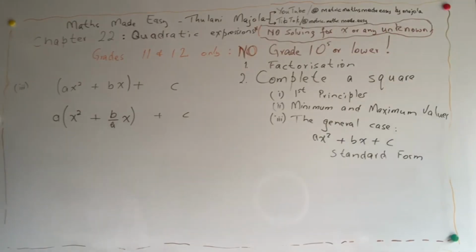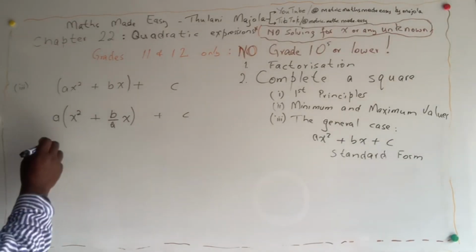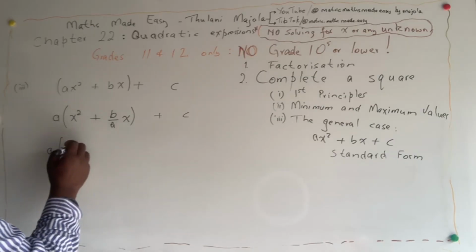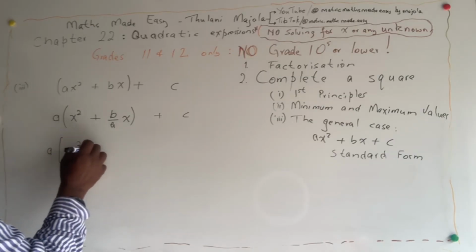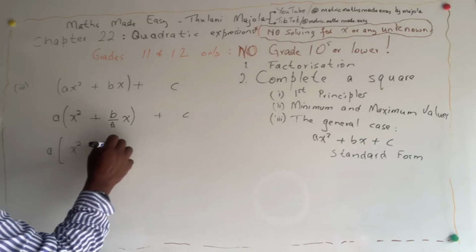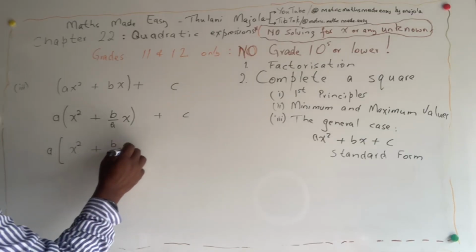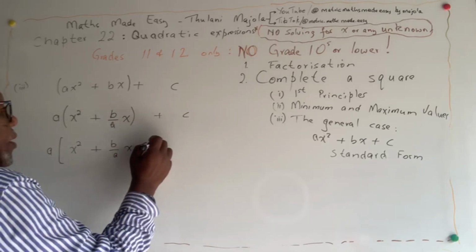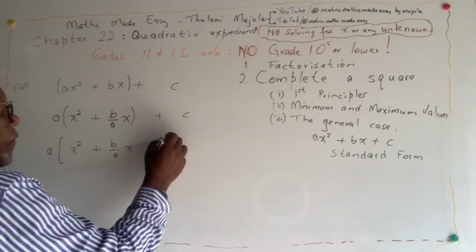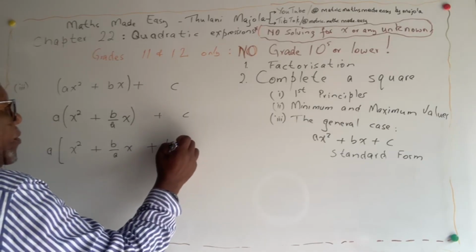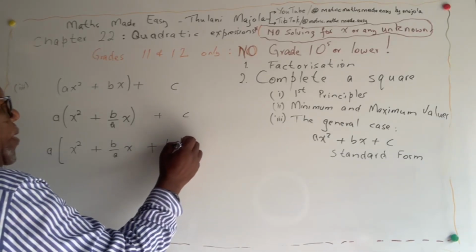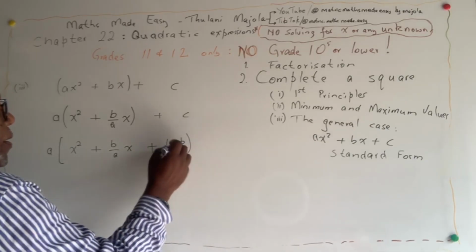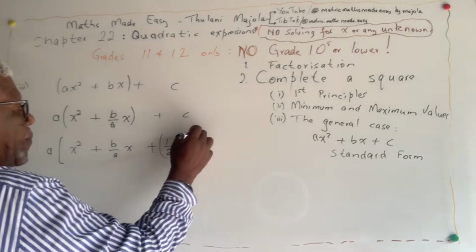c is going alone. And then we know when we complete a square, you write x squared plus b over a x. Now we have to half the coefficient of x. The coefficient of x is b over a, and square it.